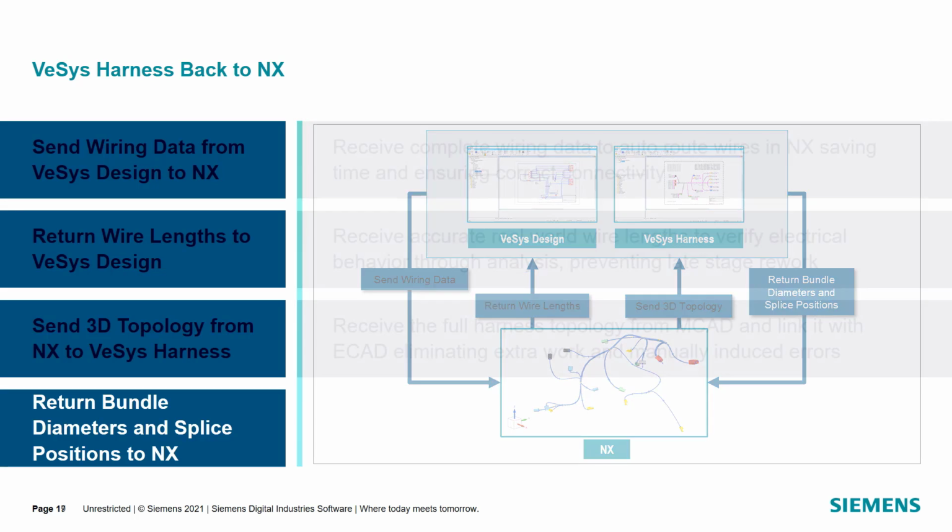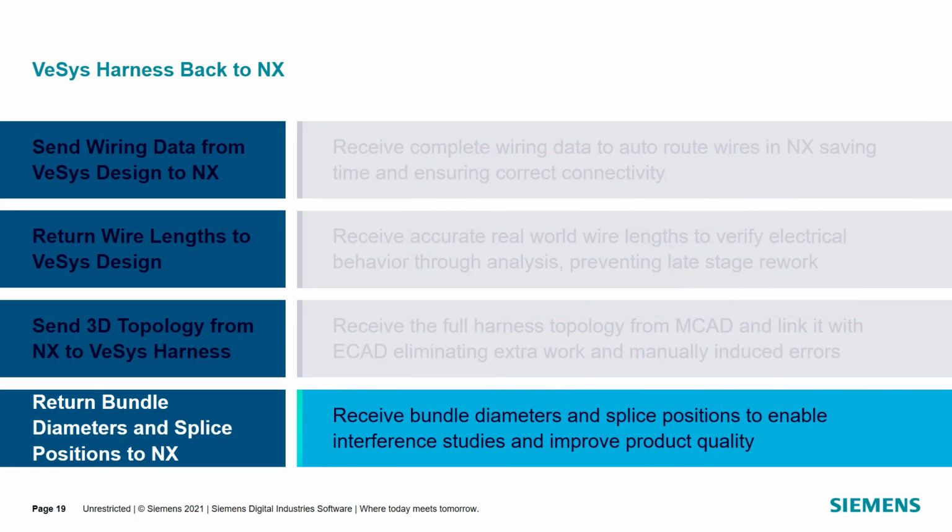The mechanical engineer now has accurate bundle diameters and splice positions to work with. They can proceed with interference studies to determine if the harness will successfully fit within the target application's enclosure. If updates need to be made to the 3D harness, the changes can be easily passed back to VeSys to update the design.